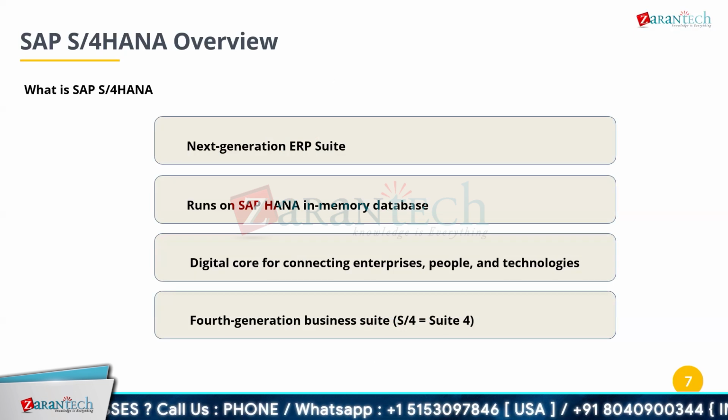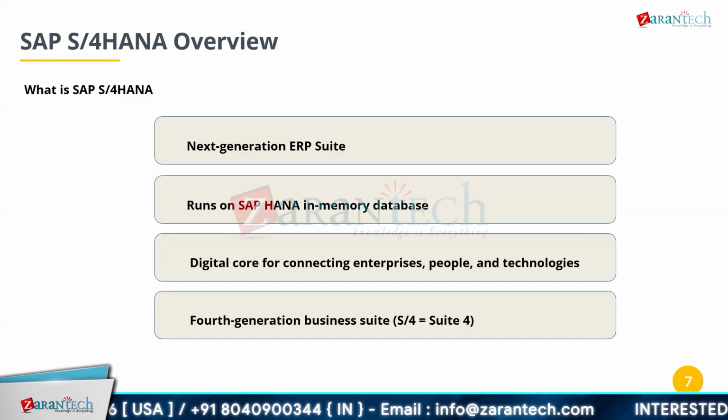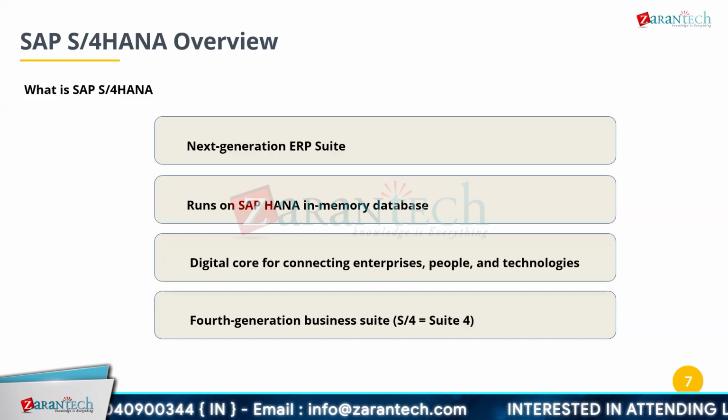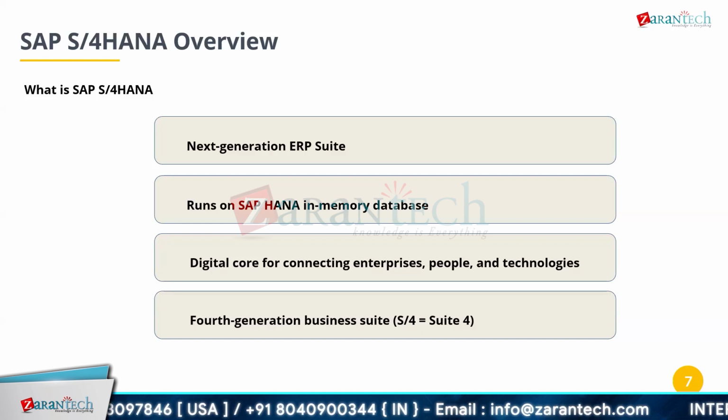ECC is the Enterprise Component of SAP, which is an upgrade to R3. The end of life of this software is 2027. That means you can still use the software after 2027, but SAP will not provide product support for any ECC components after 2027.